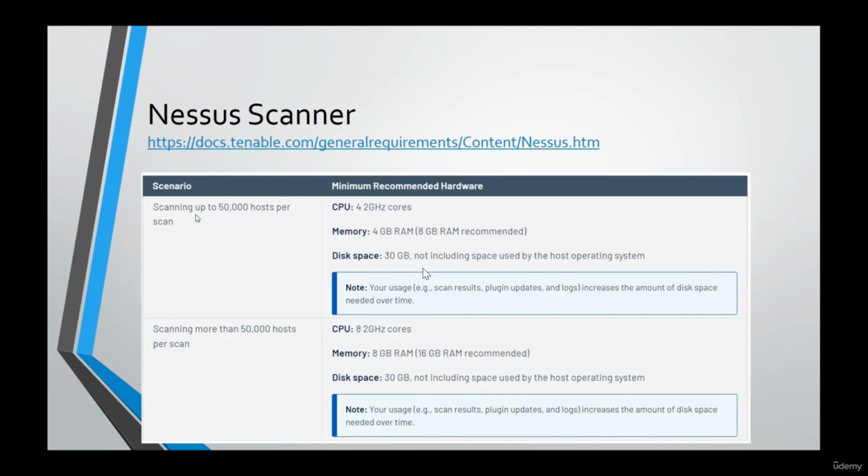If you are willing to scan up to 50,000 hosts per scan, here's the requirement for it. It needs 4 cores and 4 gig of RAM minimum. It's recommended to use 8 gig of RAM. And for disk space, you need 30 gig, not including the OS.